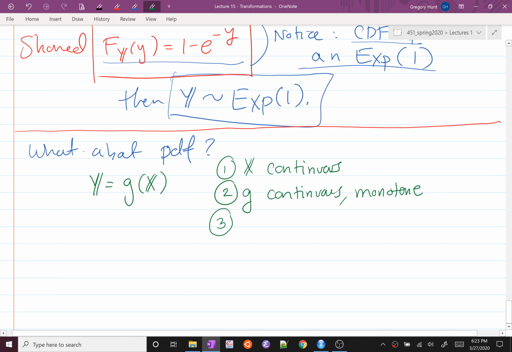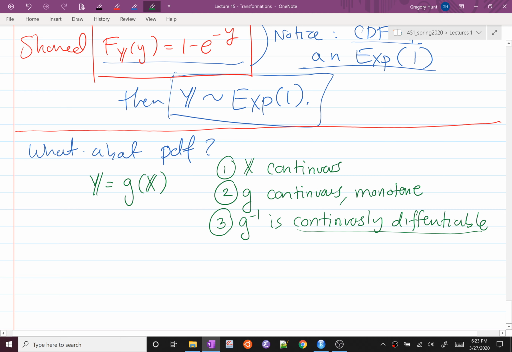And furthermore, g inverse, if we know it's monotone, it has to have an inverse. Monotone functions are all invertible, so g inverse will exist, is continuously differentiable. So it's differentiable and its derivative is continuous. So that's called continuously differentiable.